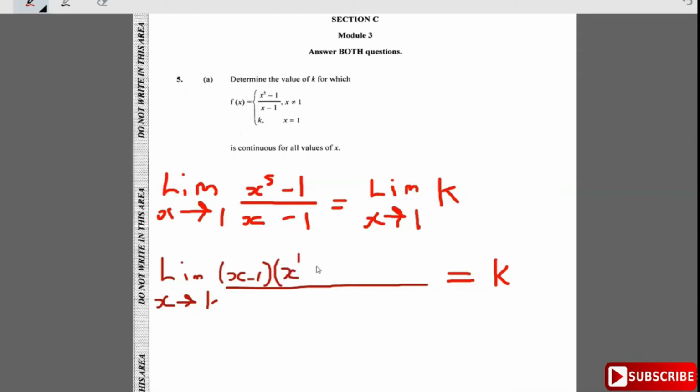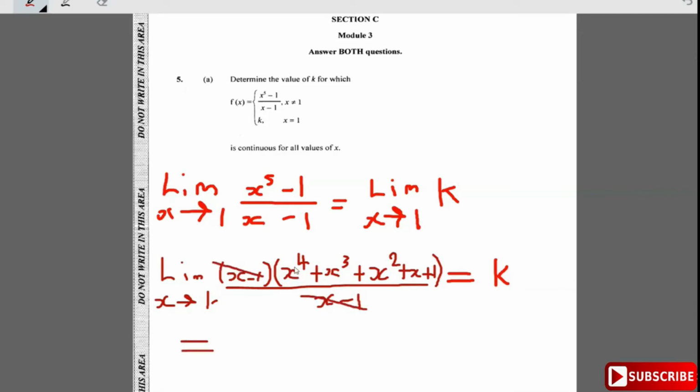So it's x to the 4 plus x cubed times 1 plus x squared times 1 squared, which is plus x squared, plus x plus 1, over x minus 1. So then the x minus 1 cancels the x minus 1.